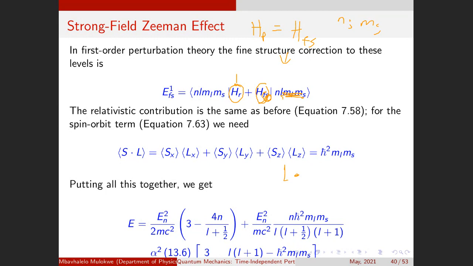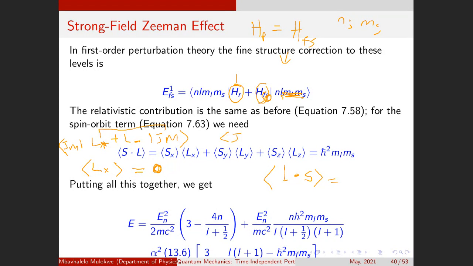So the spin-orbit term has a term like L dot S. In this basis, if you want to do it properly, you want the expectation of that. Now the expectation of Lx in general is not diagonalized, but the expectation is 0. You can write this in terms of L plus and L minus. Lx can be written as a linear combination of L minus and L plus. If you say you wanted the state with j and m, the problem is that when L plus acts on it, it changes this thing.